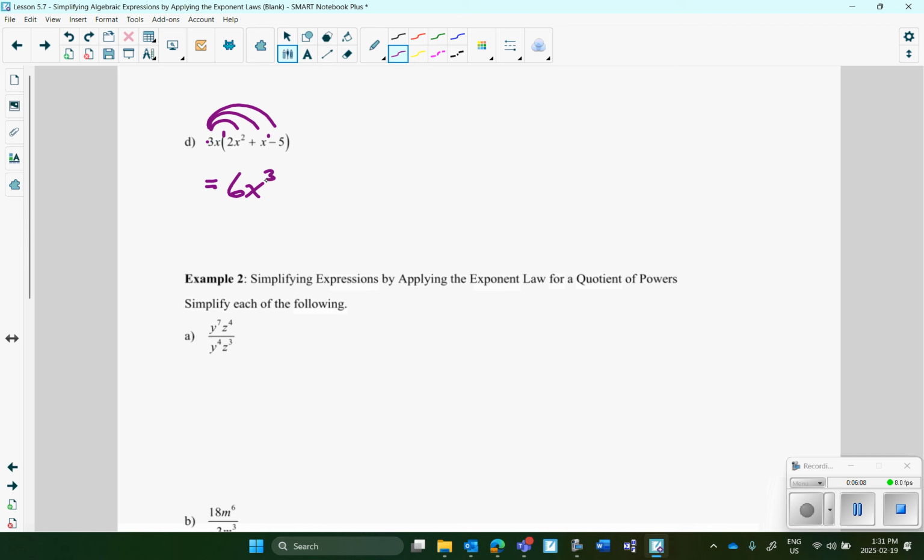For the next part, is it 3x to the second? Yes. So for the next part, it's 3 times 1, which is 3. X to the first times x to the first, add the exponents, we get x squared. And finally, 3x times minus 5.